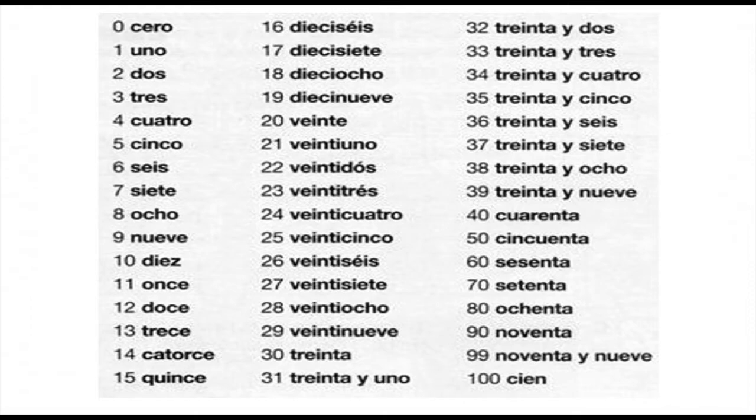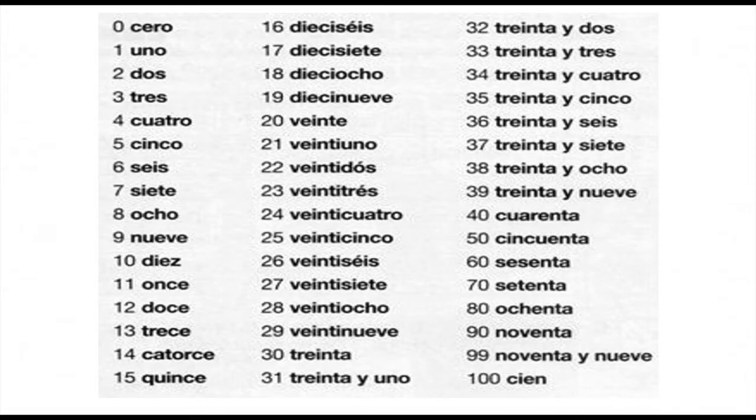So basically, to review, numbers from 0 to 100 in Spanish. The first 30 numbers are just one word. Once we hit 31, they become 3 words. For example, for 84, we say 80 and 4. 84.